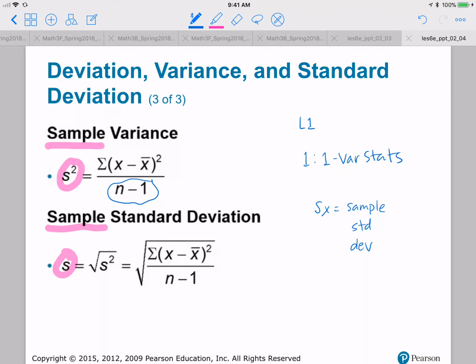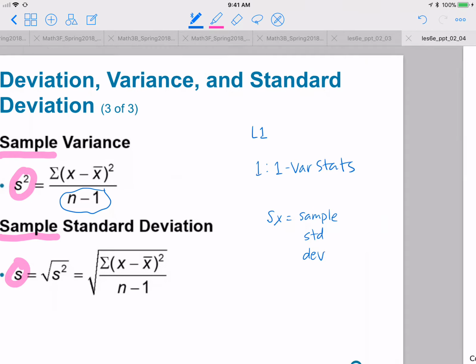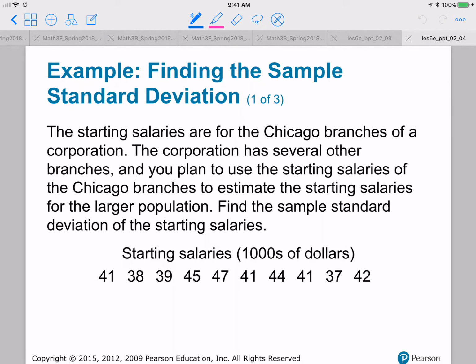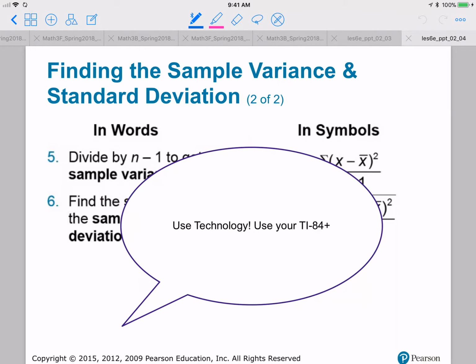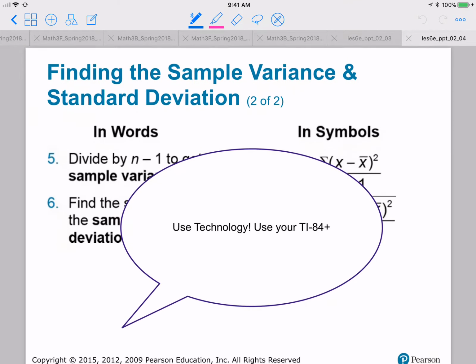It's been found, through years and years of theory, that because the sample is smaller than the population, you'll get a better measure of the standard deviation if you divide by n minus 1 to compensate for the fact that the sample is smaller. Okay, so again, let the calculator do all of that heavy lifting for you.